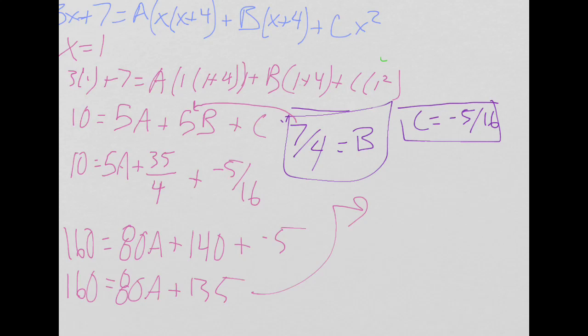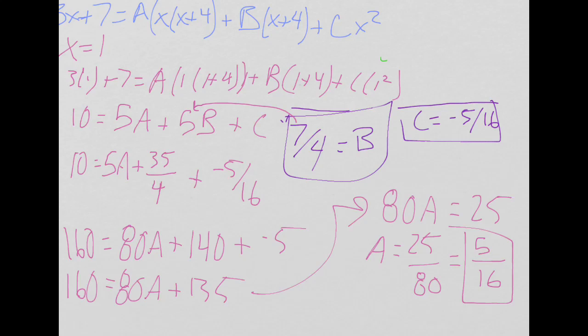So we're going to get 160 minus 135 is 25, so 80a equals 25. So a is going to equal 25 over 80, which should reduce to 5 over 16, and that is our value for a.